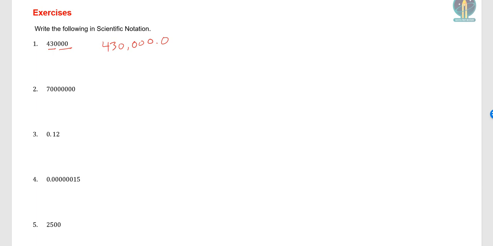Well, it should end up here. It should be 4.3 and then some number of moves that the point would have made. In this case, the point will have to move 1, 2, 3, 4, 5. So the point moved 5 positions, and my coefficient is 4.3 times 10 to the 5th.